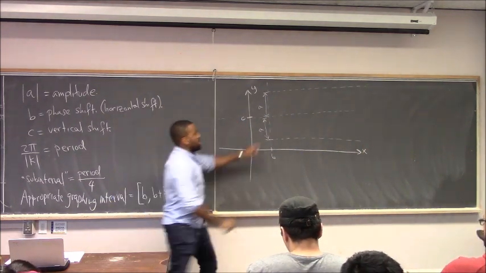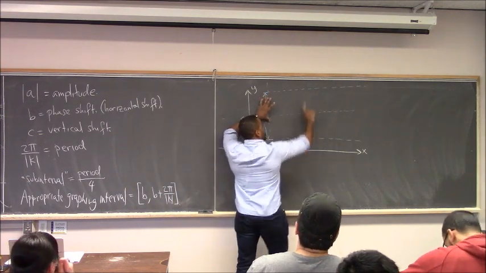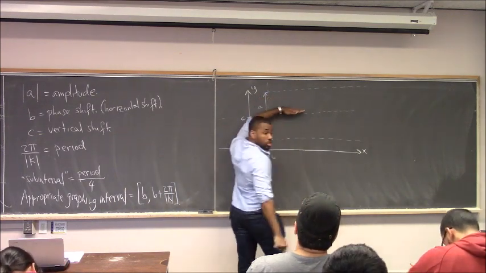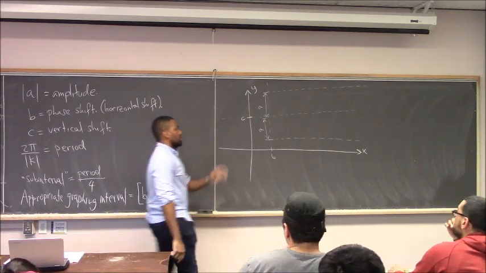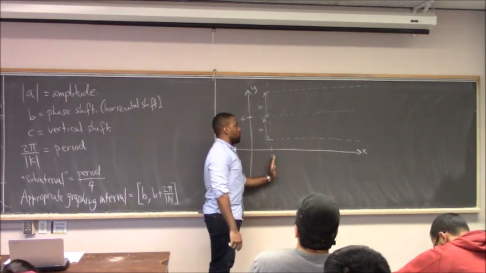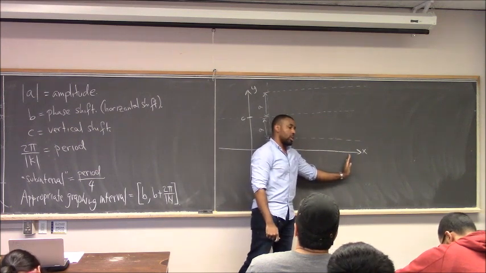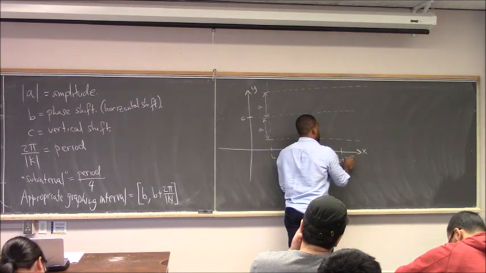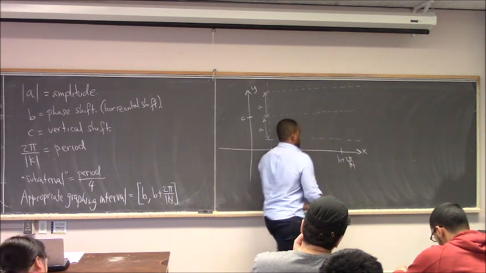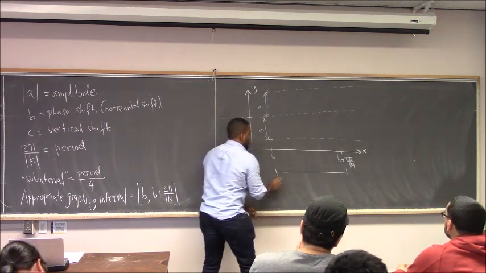You can imagine a sine function being stuck in this orbit, where this is the new center. From this point, we will measure one full period. When does it start to repeat? It will start to repeat once you hit 2 pi over k. That's called the period.